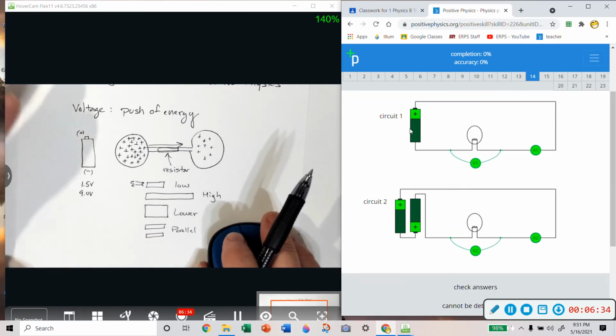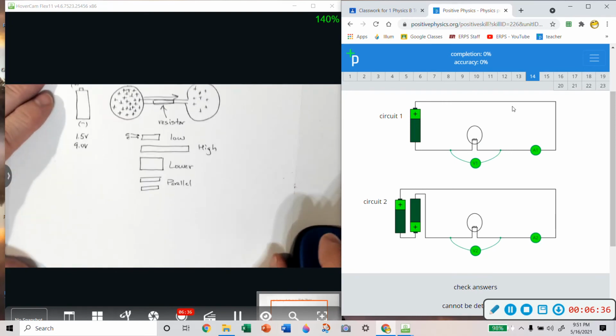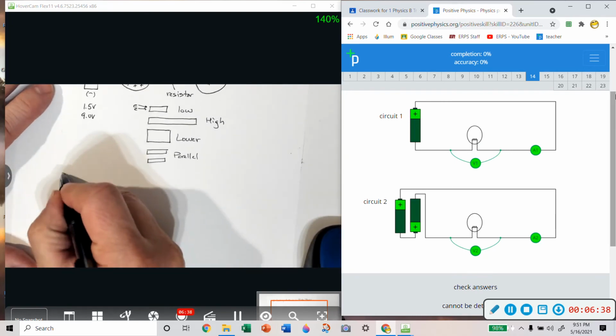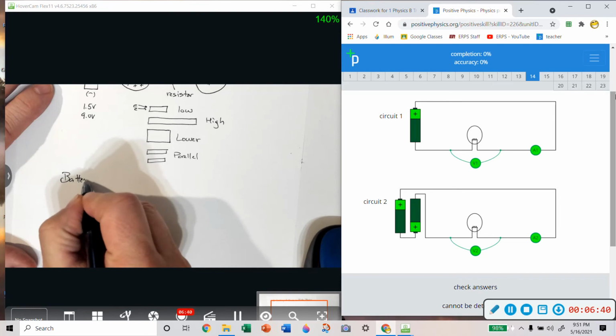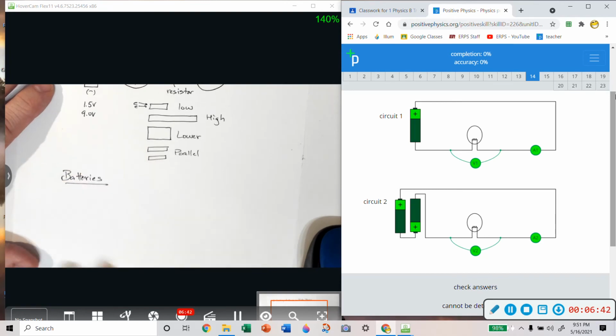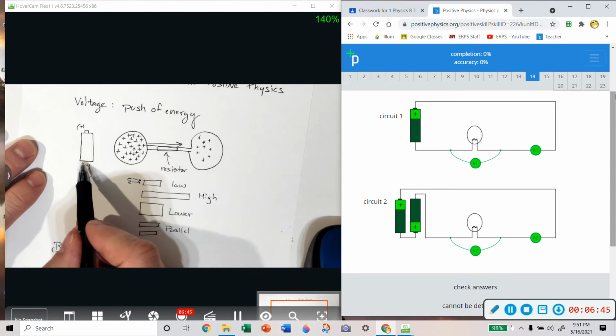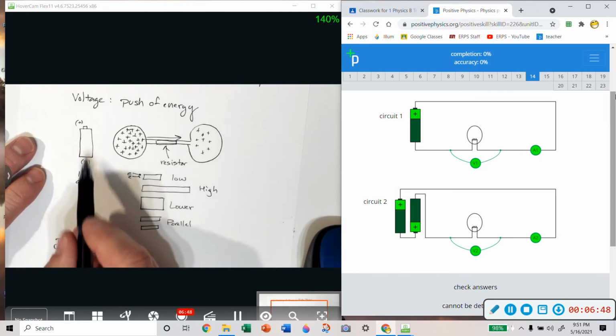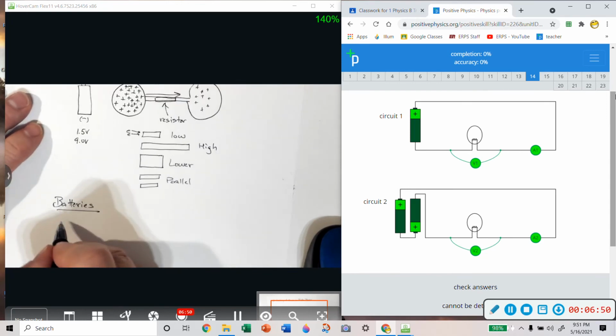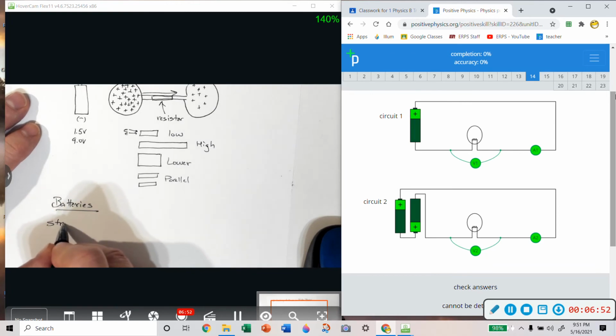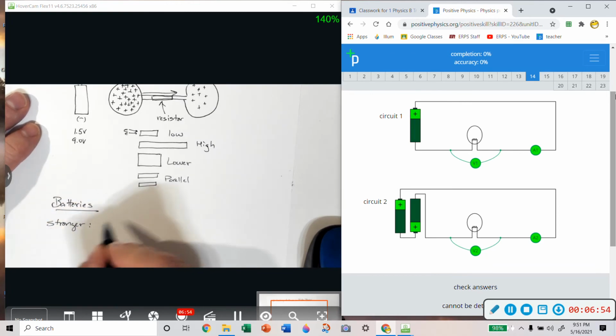Now we have batteries in different forms, and I want to talk about battery setup. So power and batteries. Batteries are put into a lot of toys in a lot of different ways. How would you make two small batteries stronger by putting them together? Well, if you want batteries to be stronger, then you would put them in series.